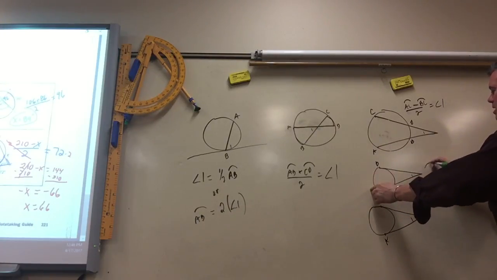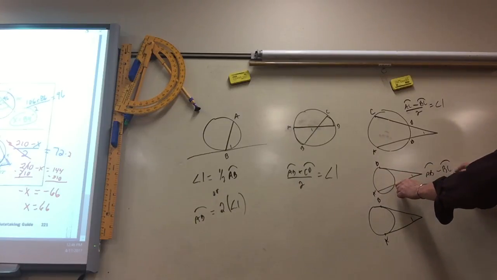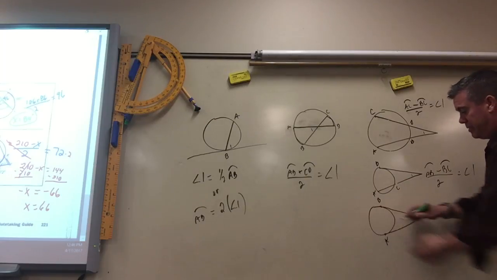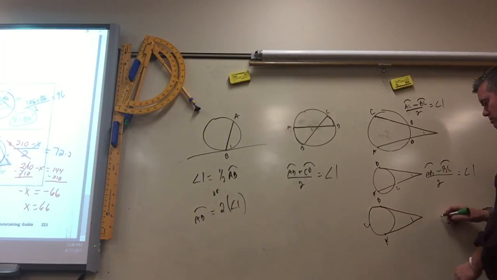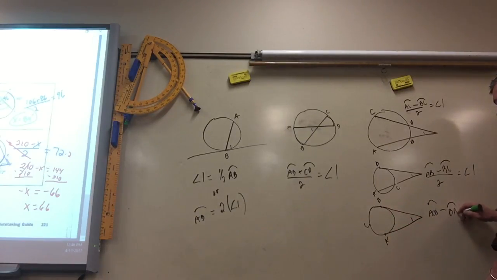This one would be arc AB minus arc BC divided by 2. And this would be, they'd have to have another letter here, but arc ACB minus BA divided by 2 equals the angle. Okay?